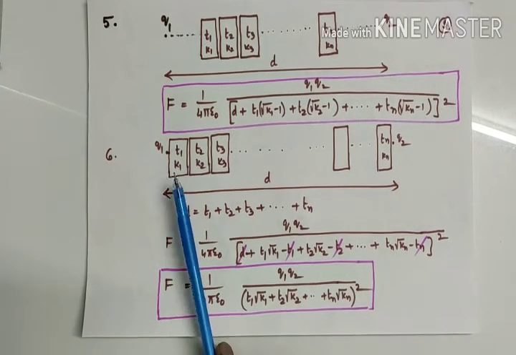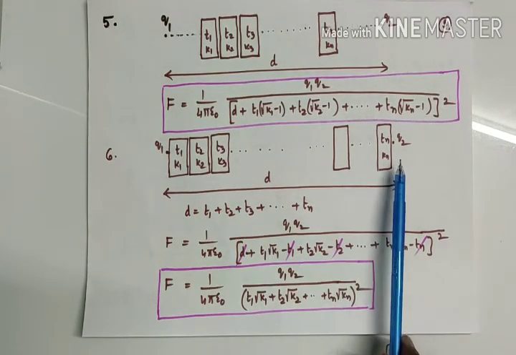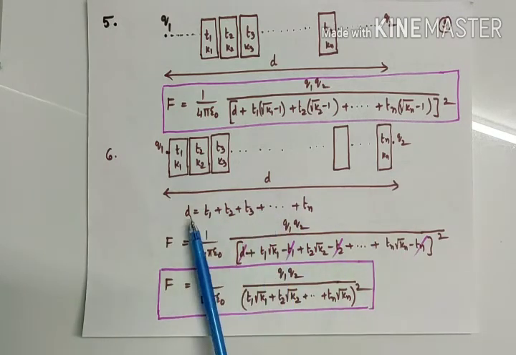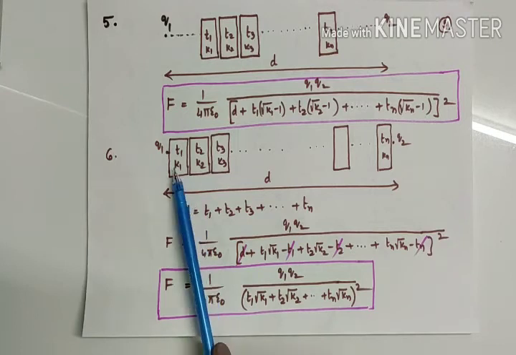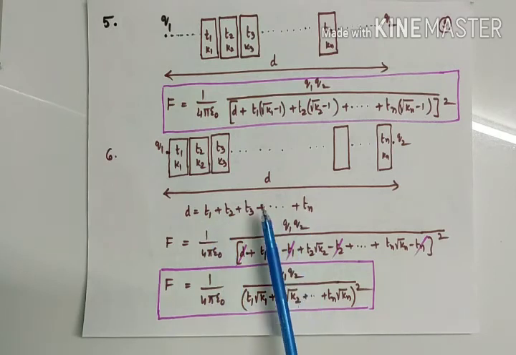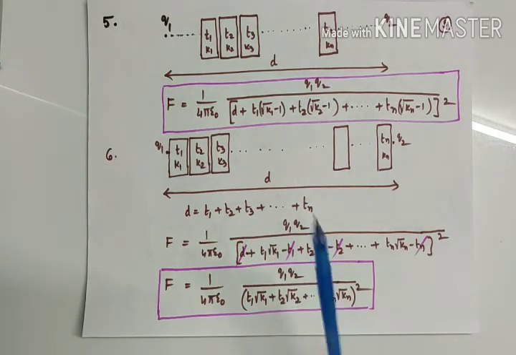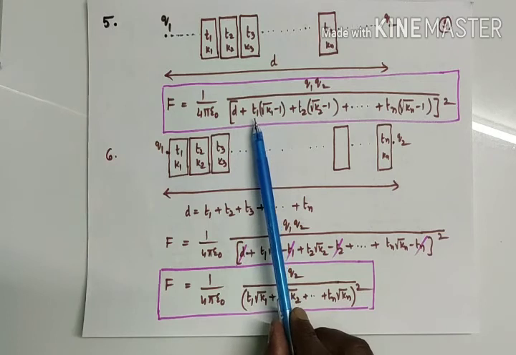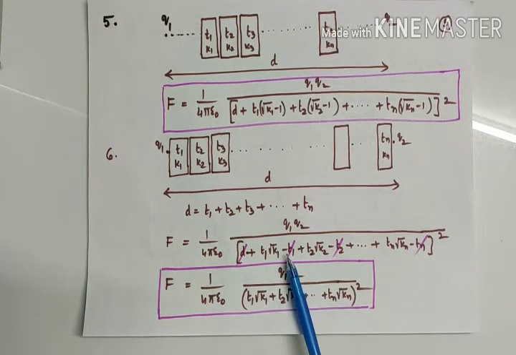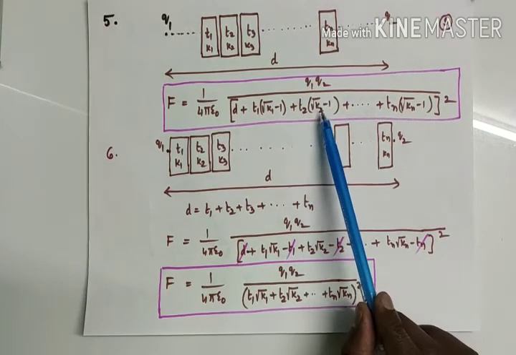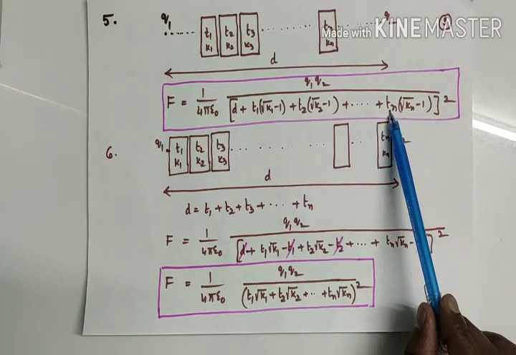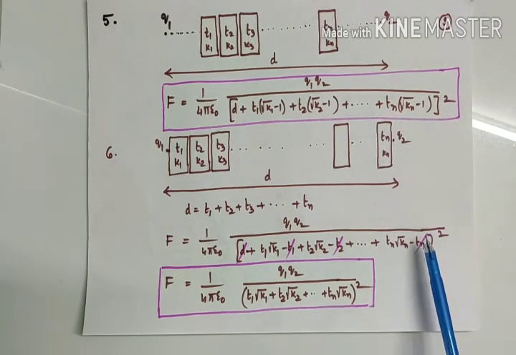Then, if the entire gap is filled with the dielectric slabs, that means the distance between the two charges d will be equal to T1 plus T2 plus T3 up to so on Tn. Using the above equation, we have d plus T1 root K1 minus 1, and so on. If you simplify, I will get minus T1, minus T2, up to minus Tn.